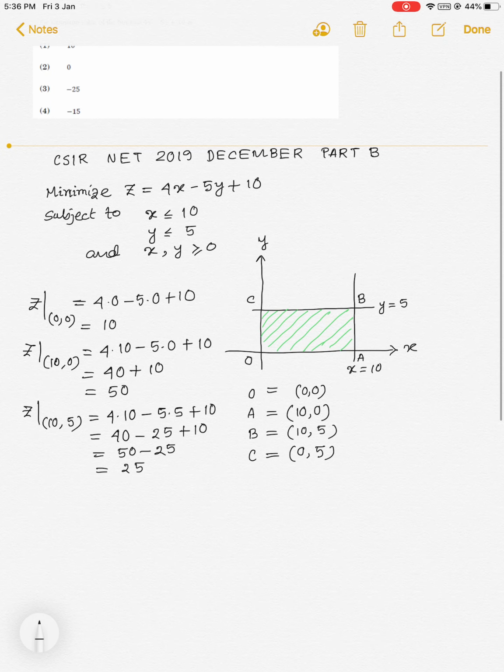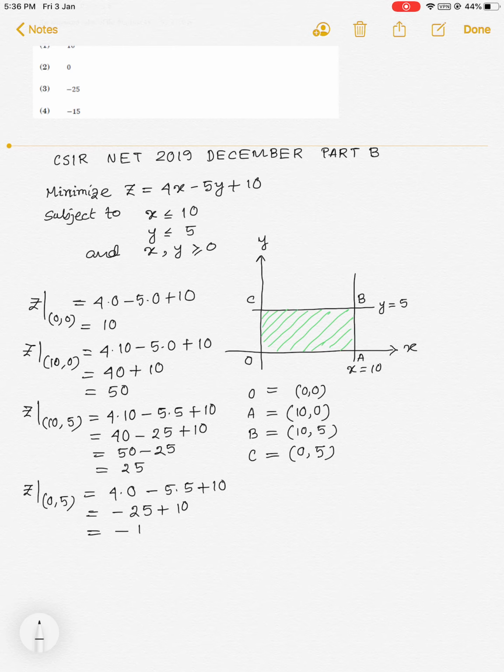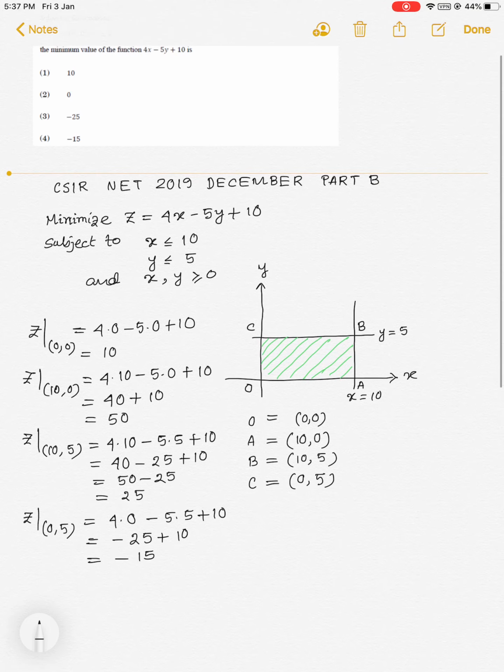And the last one, z at 0, 5, that is 4 into 0 minus 5 into 5 plus 10, is equal to minus 25 plus 10, which is equal to minus 15.